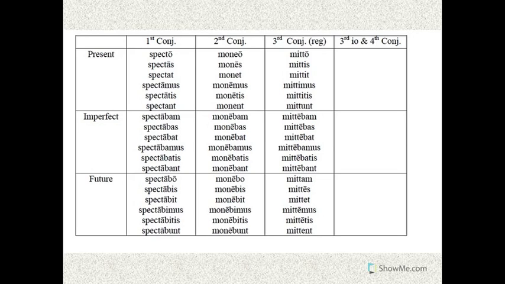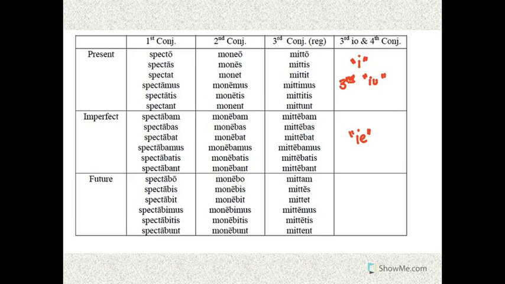Okay, for the third IO and fourth conjugation verbs, our thematic vowel is once again I for the most part, except for the third person plural where we have IU. Here, the vowel I is going to be sticking with us all throughout the present tense. For the imperfect, maybe you guessed it, we have IE.